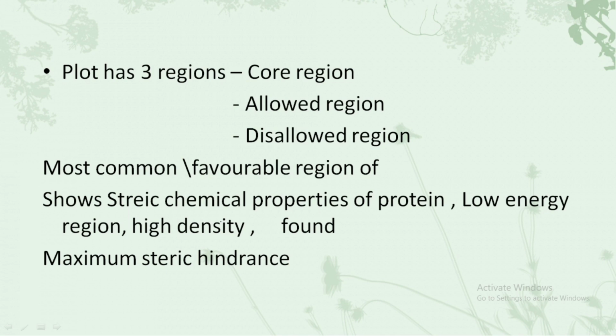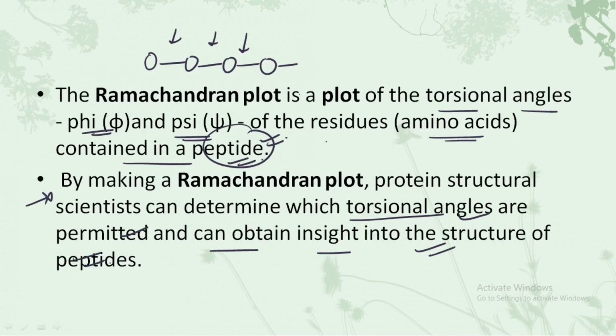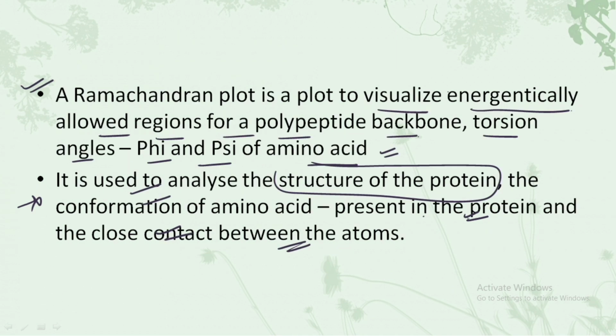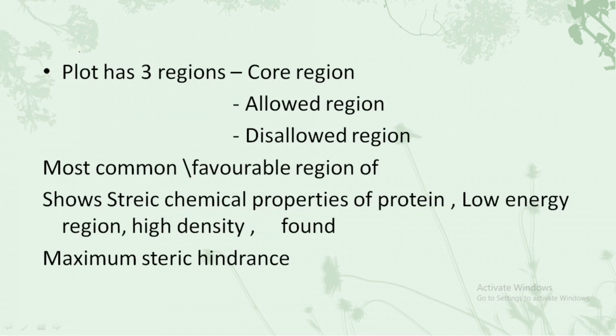Now we have to understand what the various regions present in the plot are. We have just discussed that we are trying to visualize energetically the allowed regions, so we have to understand what the allowed regions are. The plot has three main regions. The first one is the core region, the second one is the allowed region, and the third one is the disallowed region.